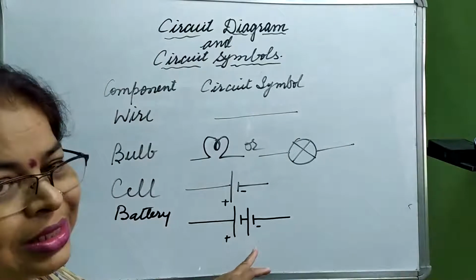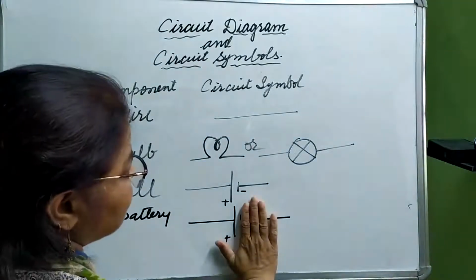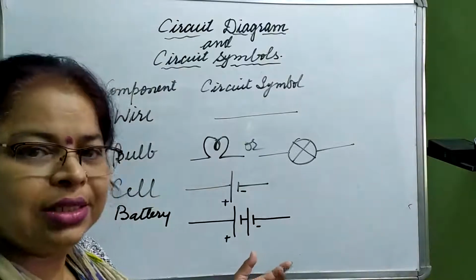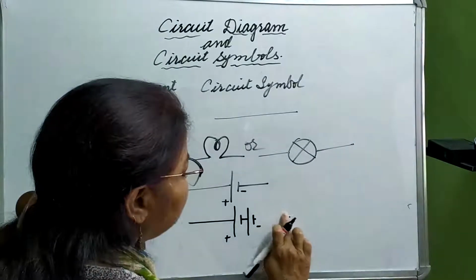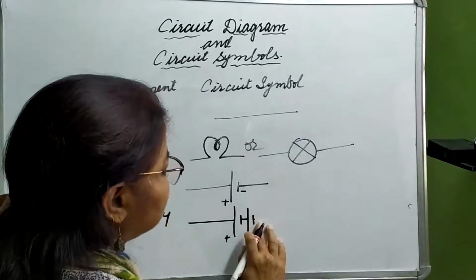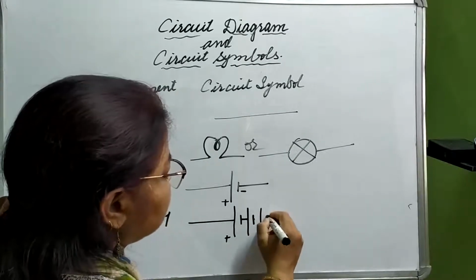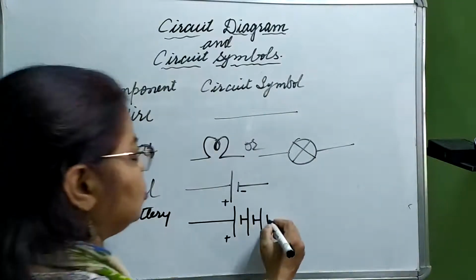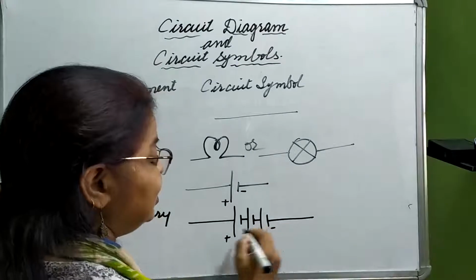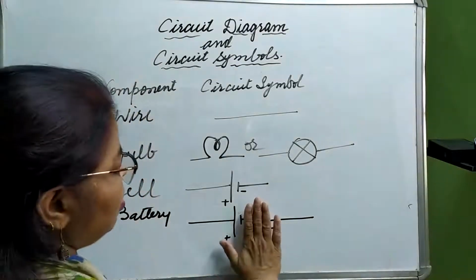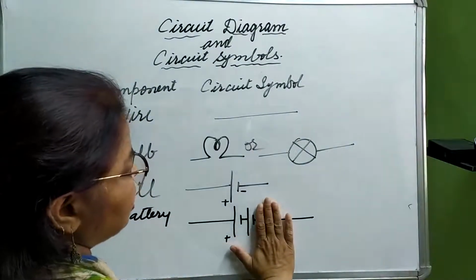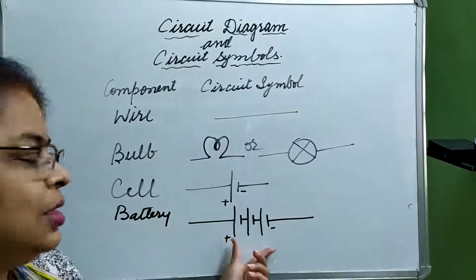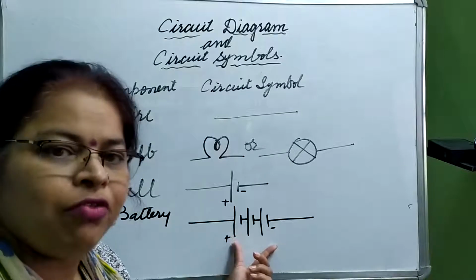That is one cell, two cells. If we need a battery of three cells, we show it like this: one more cell, connecting negative and positive terminals. So this is a battery of three cells, and this is the symbolic representation of a battery.